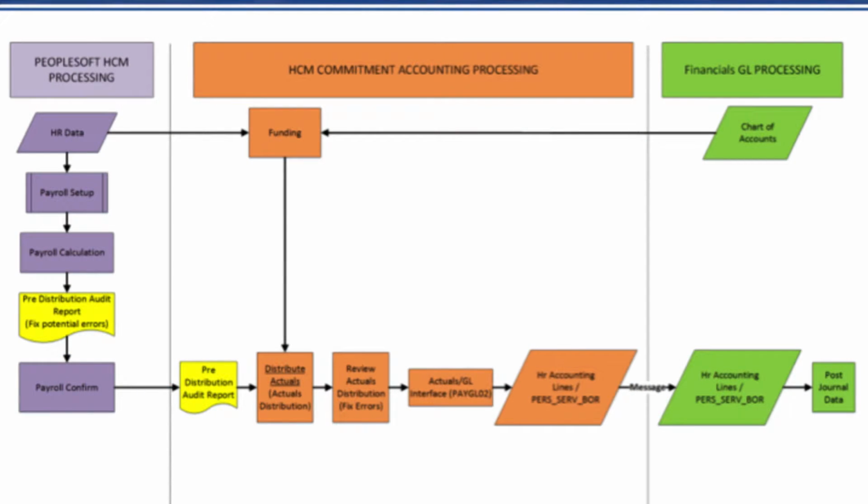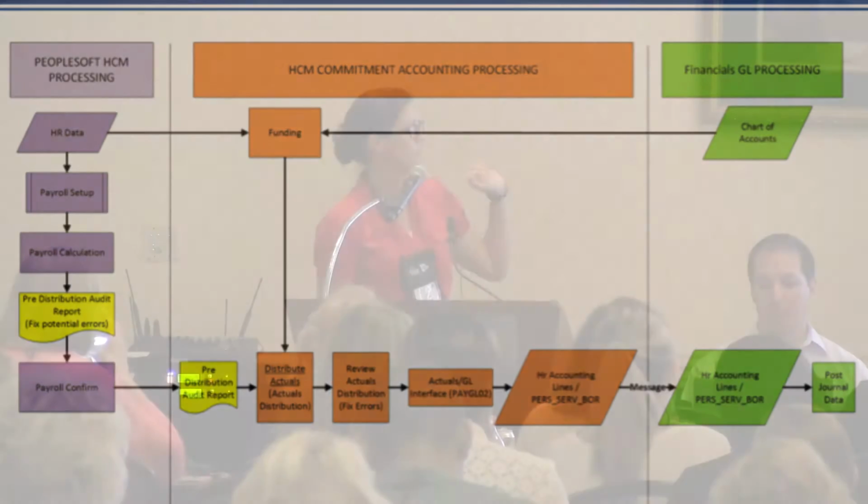One of the cool things, if you work with this process now, you have to wait. And wait. Top of the hour, our file becomes available, we hope. It gets swept into our FTP. Now we have to pull this file down, we have to give it to somebody, and now this person has to upload it. In the new world, when we run the 002 process, the GL interface process, HR accounting line and Purser Board are populated.